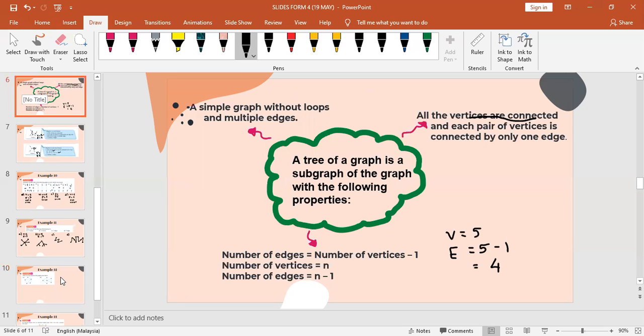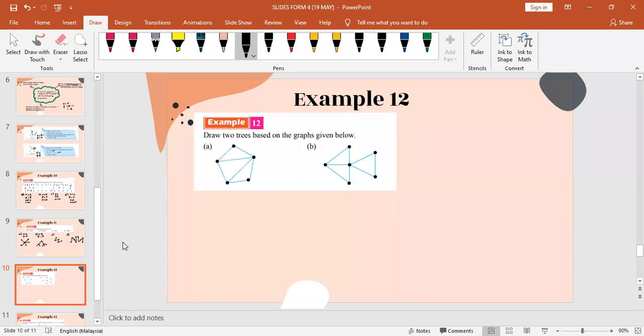So we take part of the graph and redraw it, based on the properties. For example, vertices cannot be connected in two ways. So this graph will have two trees.